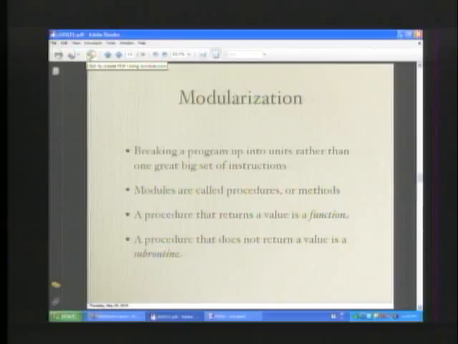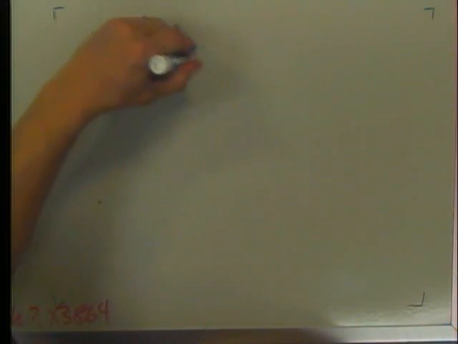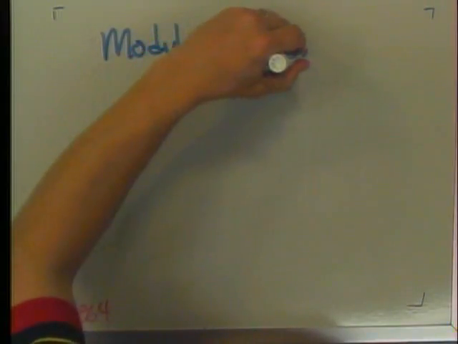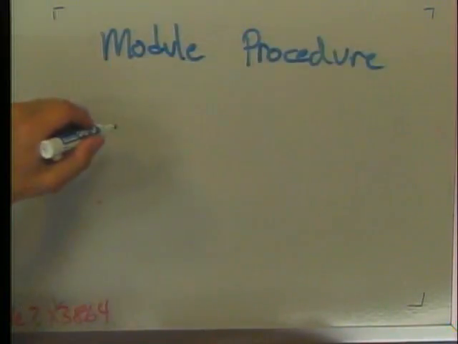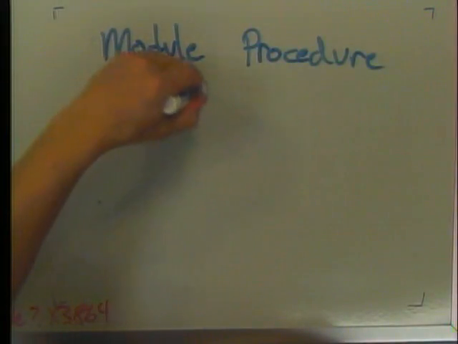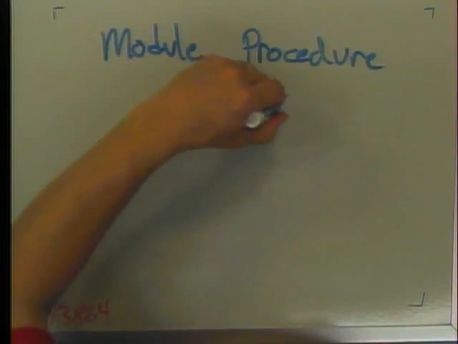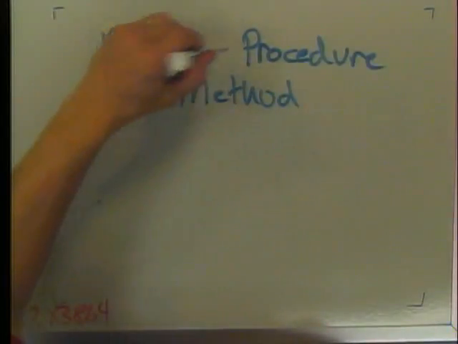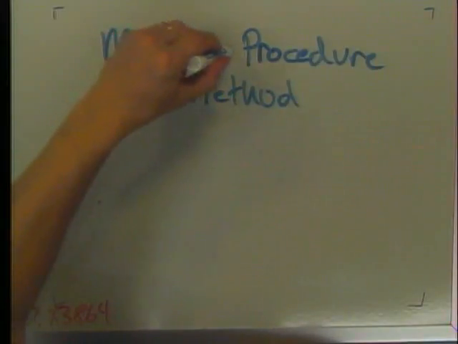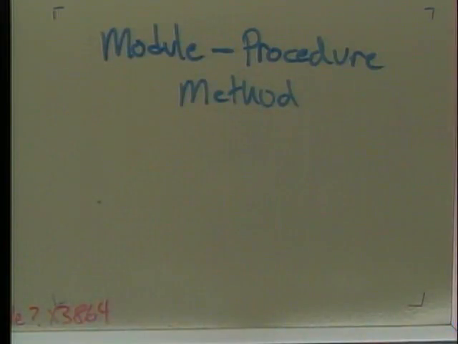So we have module, procedure, method. They all mean the same thing, right?